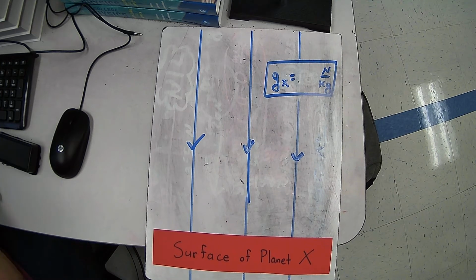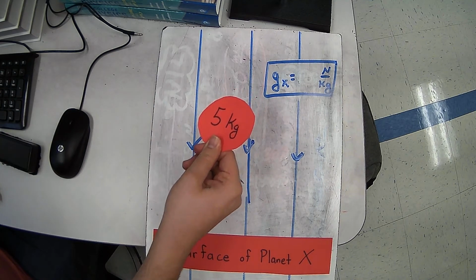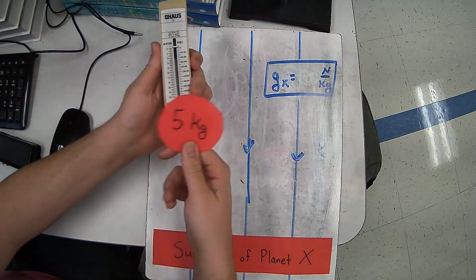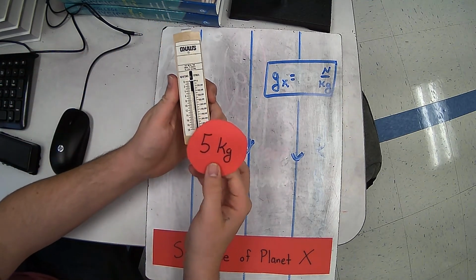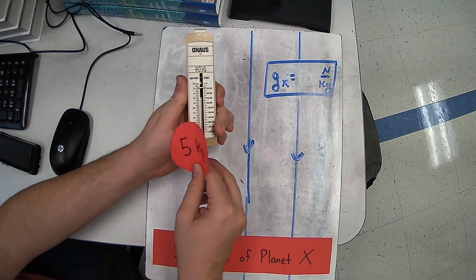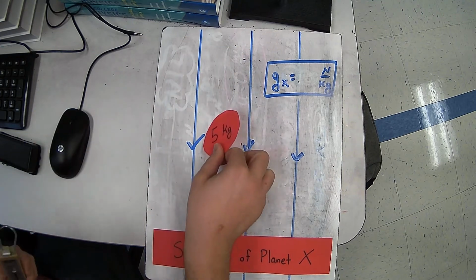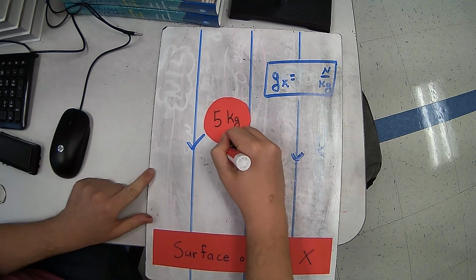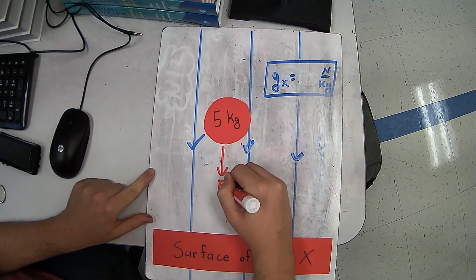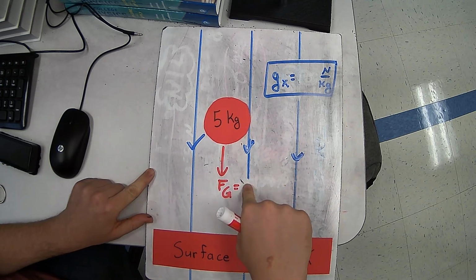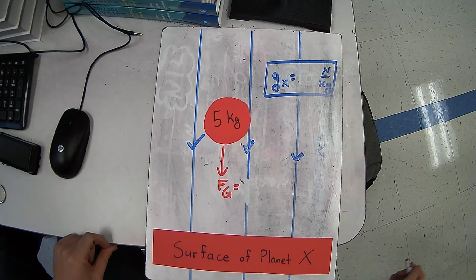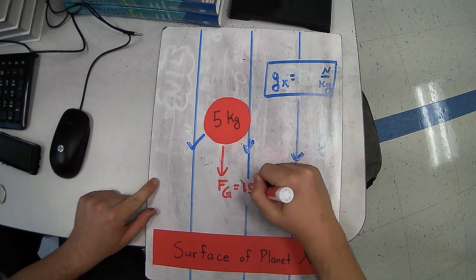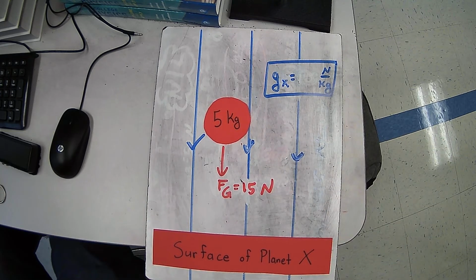Well, I'd probably take my same 5 kilogram object and my same spring scale and measure how much it gets pulled down in this field. And let's say it gives me a measurement of 15 newtons of force.